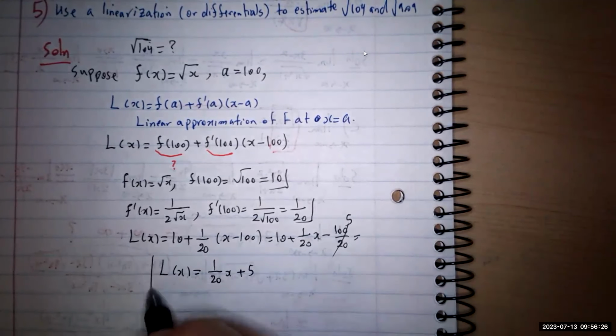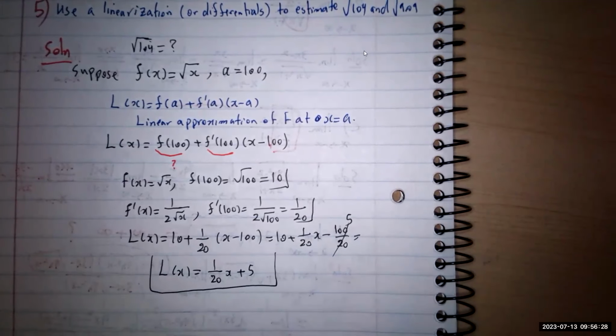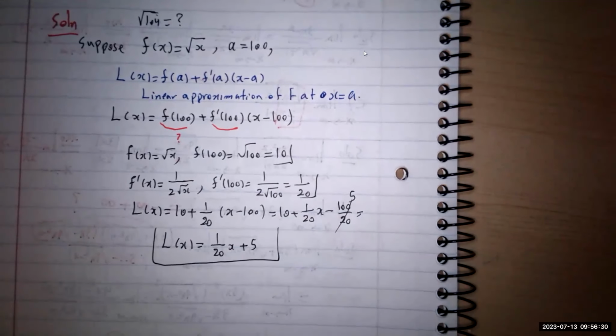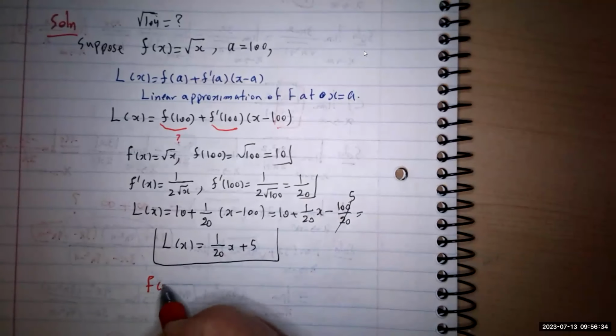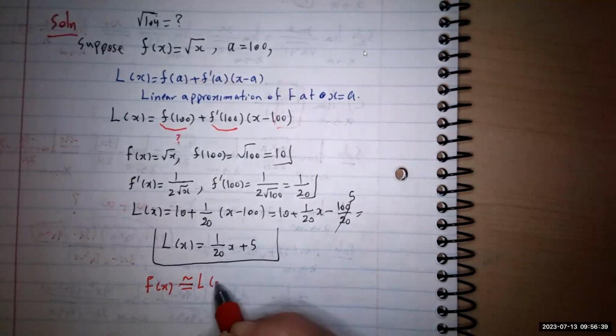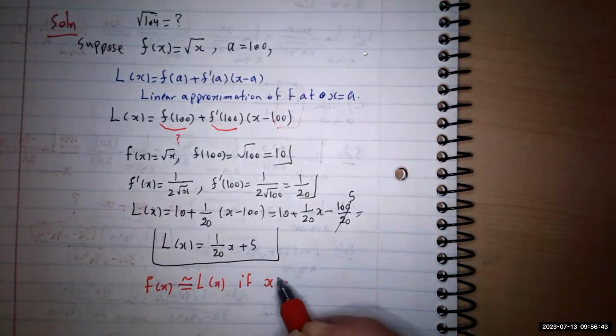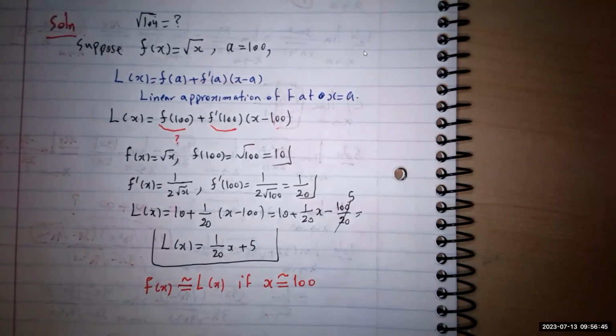This is the tangent line or linear approximation of your function. So this means the value of the function can be estimated. It's almost like L of x, if you pick any number close to the 100. You see, that's the idea of the linear approximation.